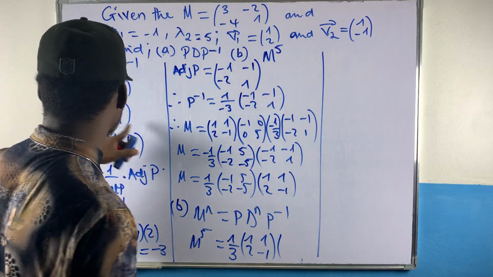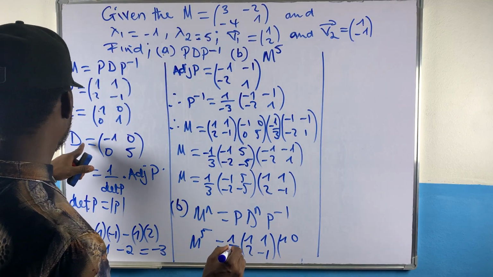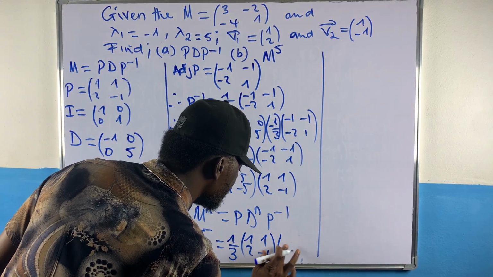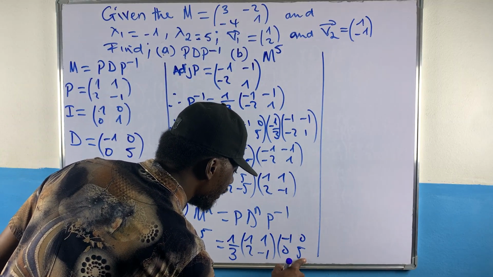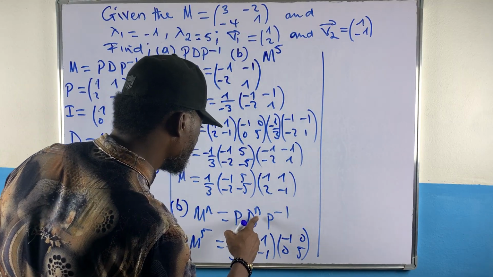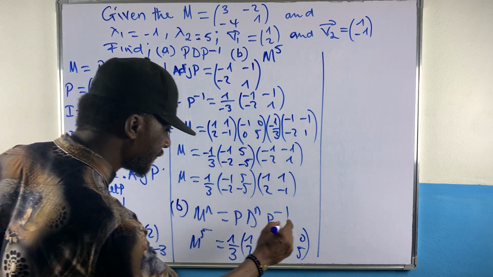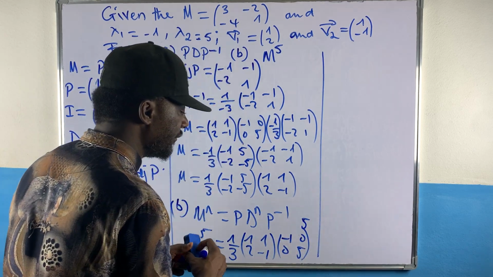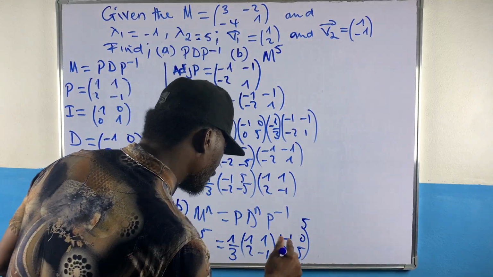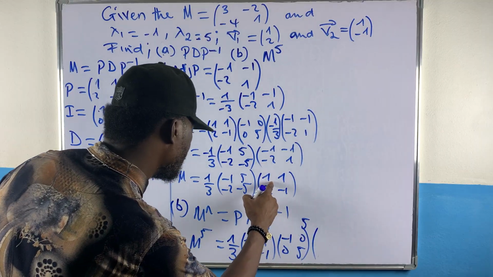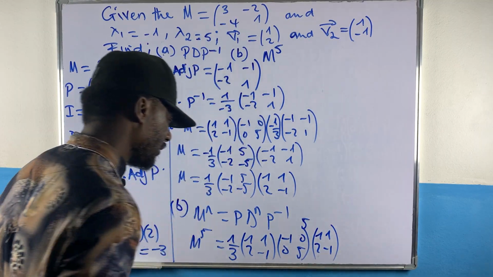Our matrix D is negative 1, 0, 0, 5. All that raised to the power 5. Since N now is 5, D will be raised to the power 5. Then all that multiplied by 1, 1, 2, negative 1.